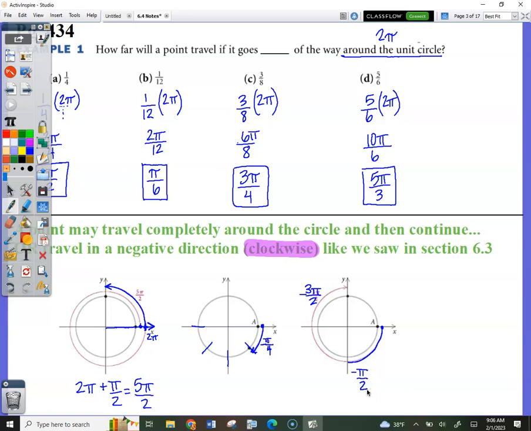You can say the 1, don't write it. This is negative 1 pi over 2. Keep counting. Count your fractions. To here would be negative 2 pi over 2. What is 2 over 2, y'all? 1. So do you see why that's the pi again? I'm counting with my fractions though. This is negative 1 pi over 2. This is negative 2 pi over 2. And I actually don't like that being right there. When it lands right here, it would be negative 3 pi over 2. It's just counting, okay?